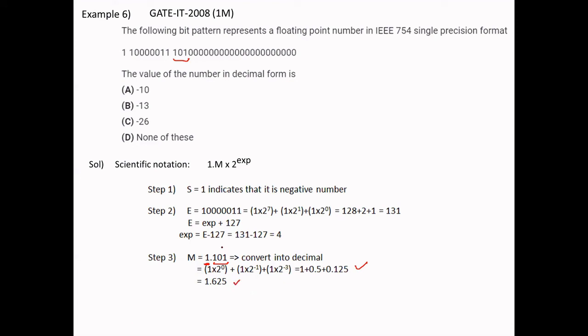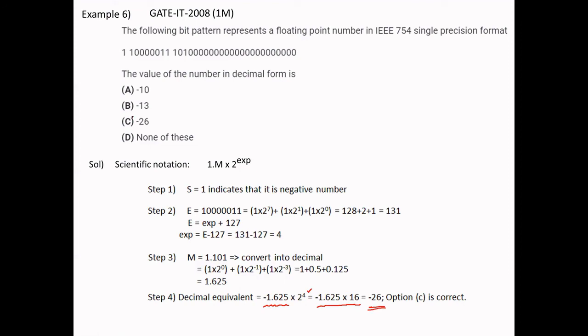So once you have the sign, original exponent and mantissa, now write in the scientific notation. So the final decimal equivalent is minus 1.625, that is the mantissa, into 2 power 4, that is the original exponent. If you calculate, this is minus 26.